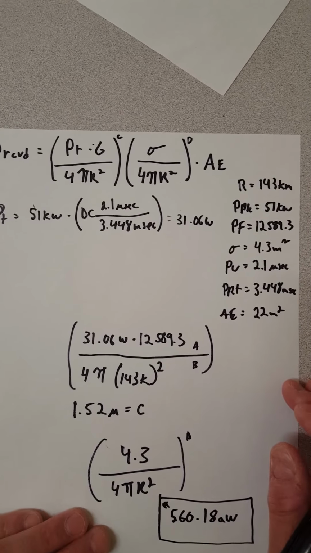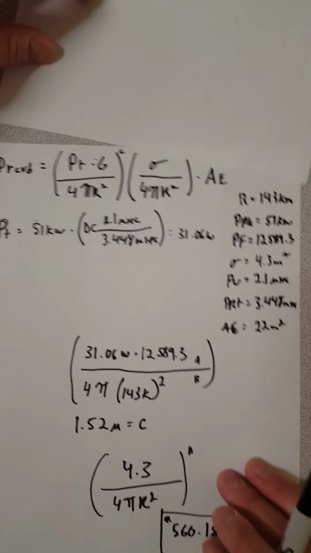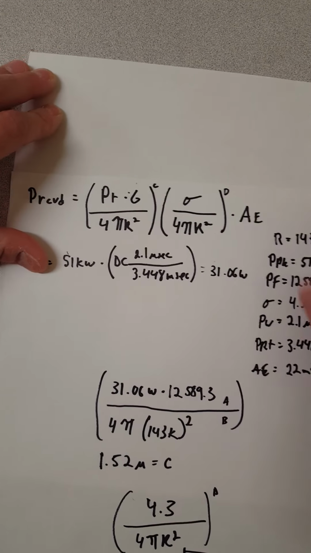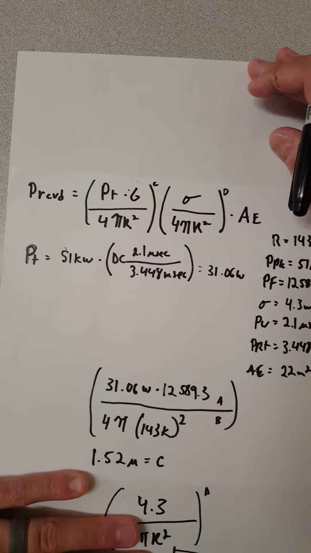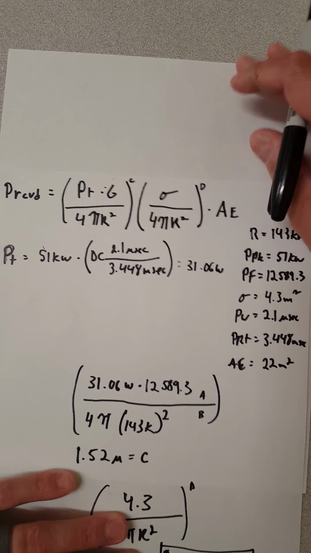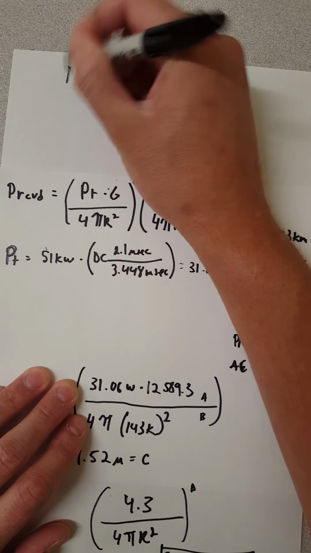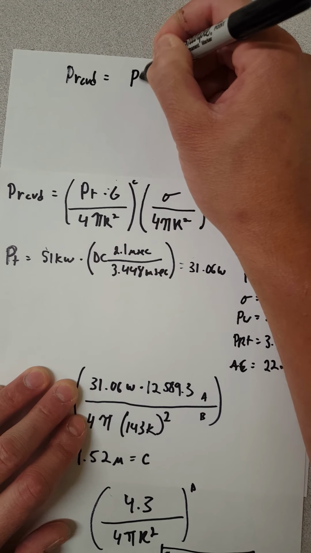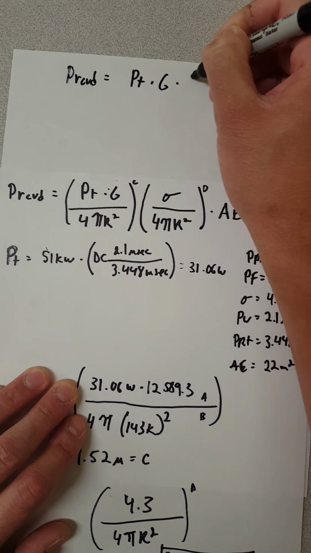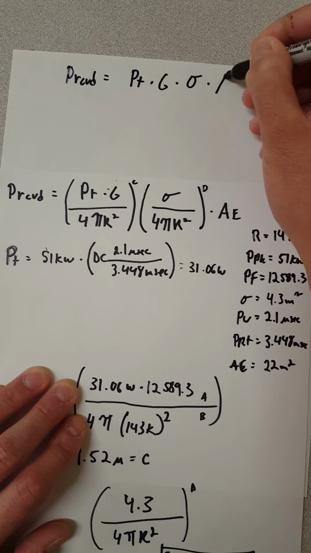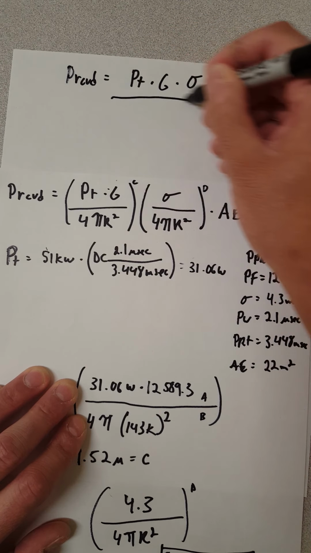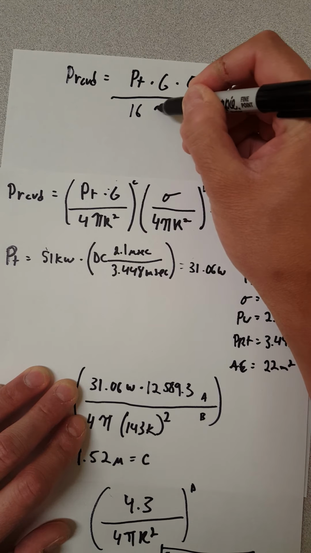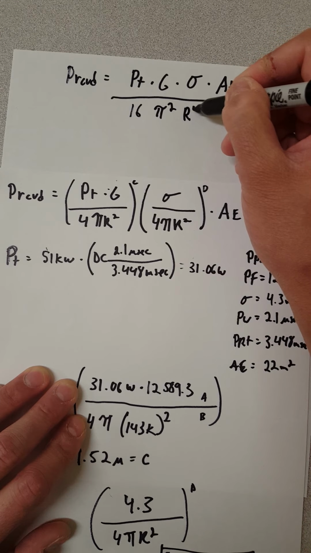Now just real quick, we can actually combine these things to make it a little bit simpler for us. I'm going to show you what it looks like combined, but we're not going to enter it on the calculator. So we'll say power received is equal to power total times the gain times the radar cross-section times the effective aperture over, and this is where we combine these like terms, 16 pi squared r to the fourth.